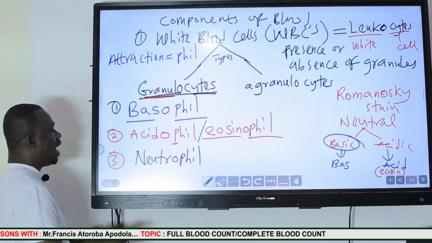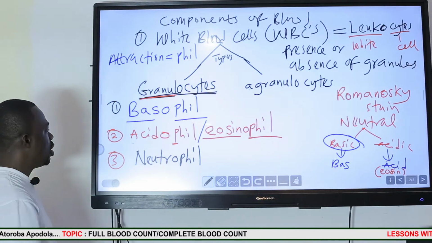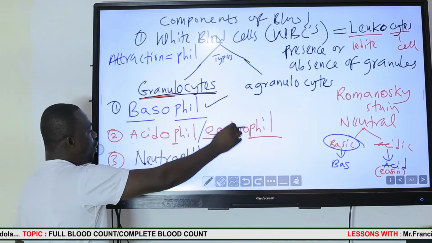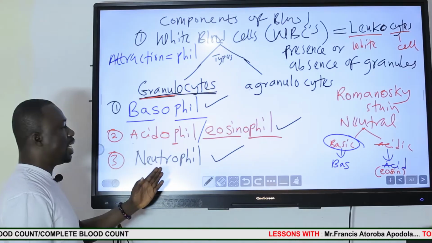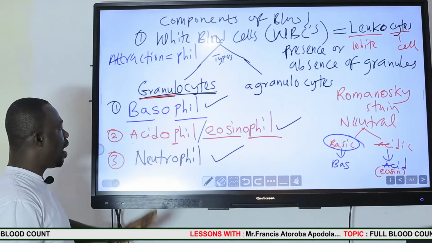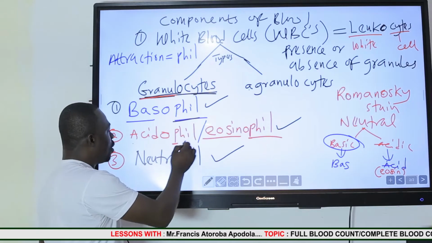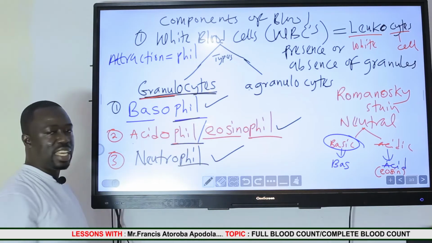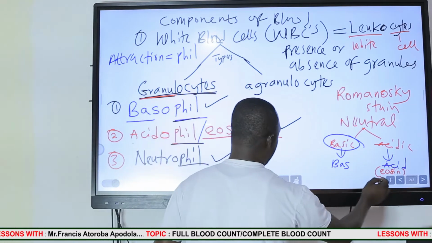So these are the three main types of granulocytes: we have basophil, eosinophil, and neutrophil. So basically these are the granulocytes we are talking about. Any blood cell whose name ends with phil is a granulocyte.